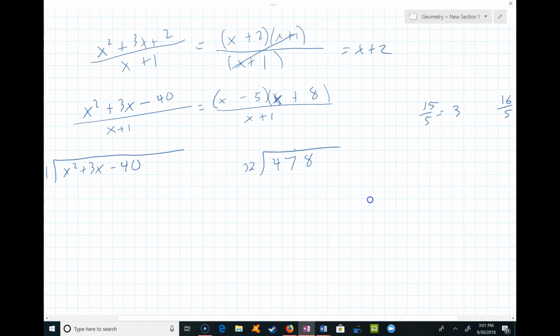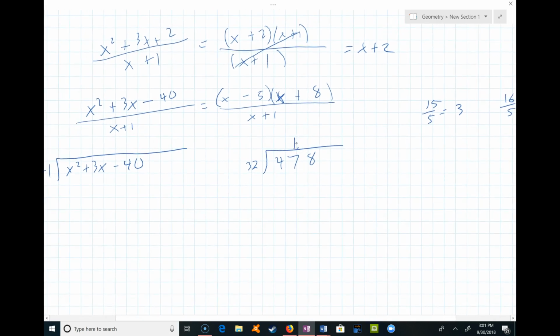It looks like just 1, and then we'd multiply 1 times 32 and write it down here, and then subtract what we just put down. So 7 minus 2 is 5, and 4 minus 3 is 1. We have 15 left over.